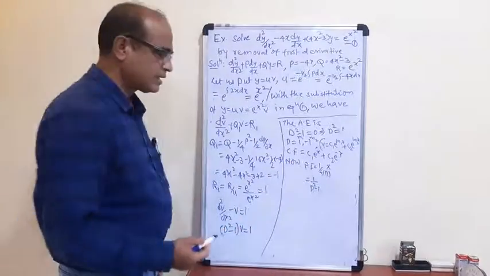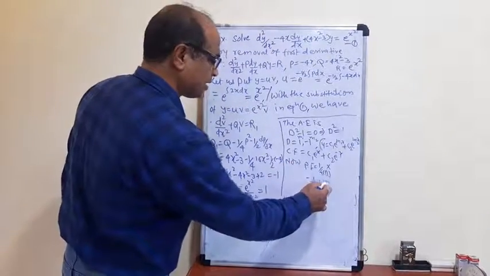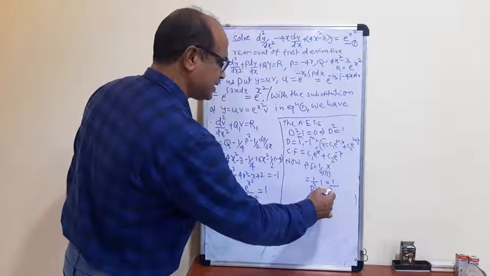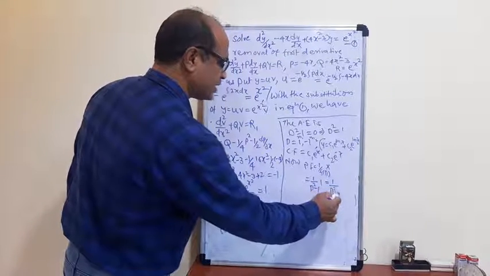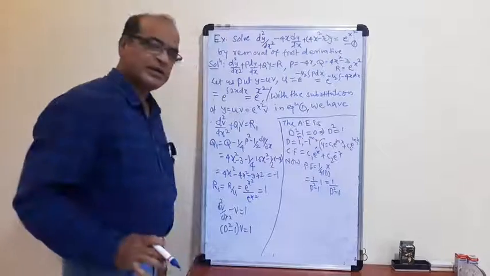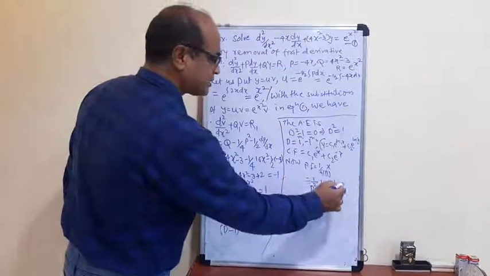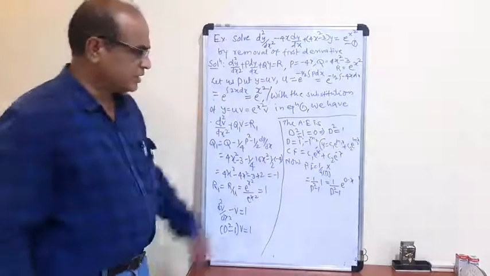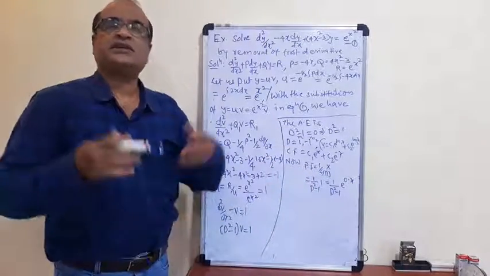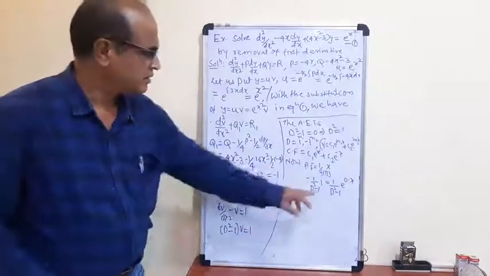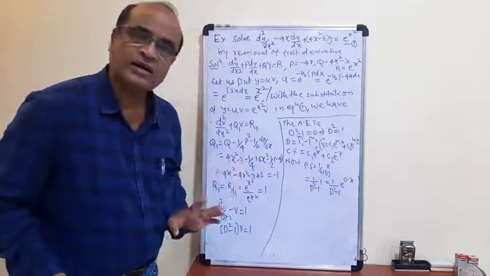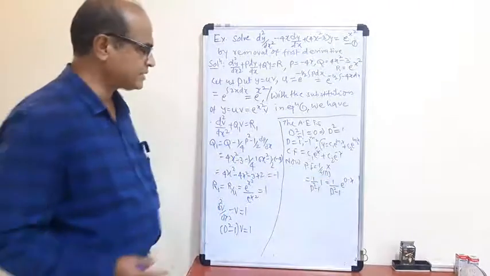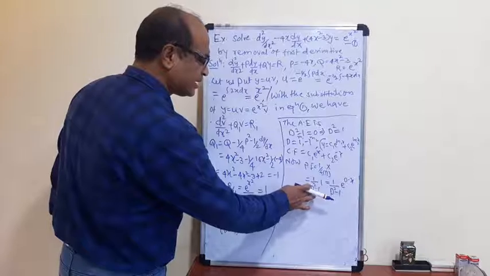This is 1. So this can be written as 1 upon D square minus 1 of 1, and 1 can be written as e raised to 0 into x. e raised to 0 is 1. So we can write this in this form, e raised to 0 into x. This is a very simple one.